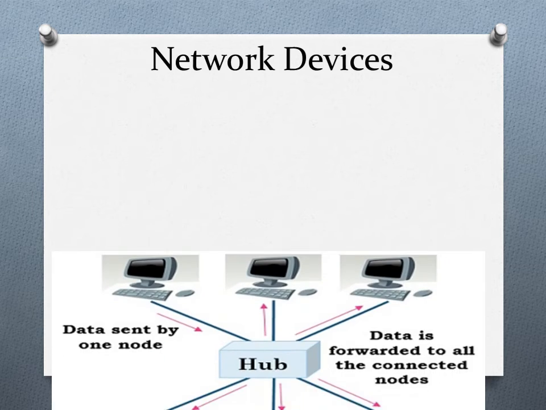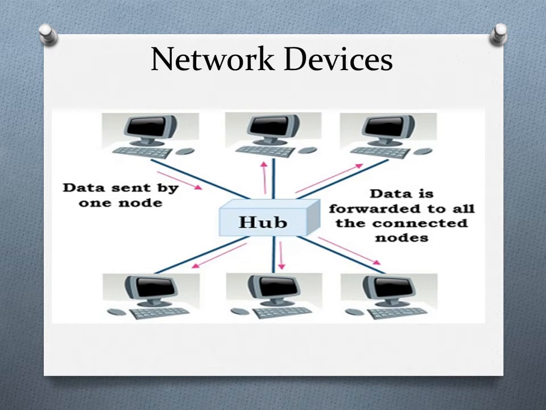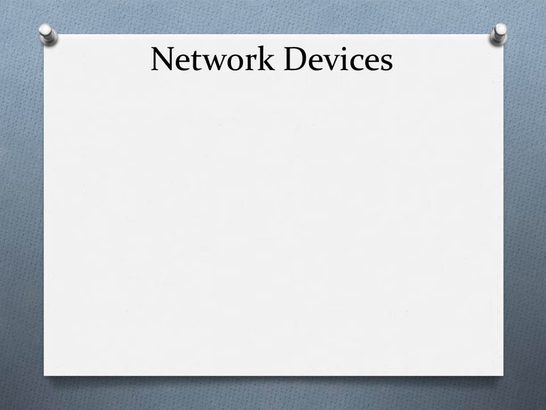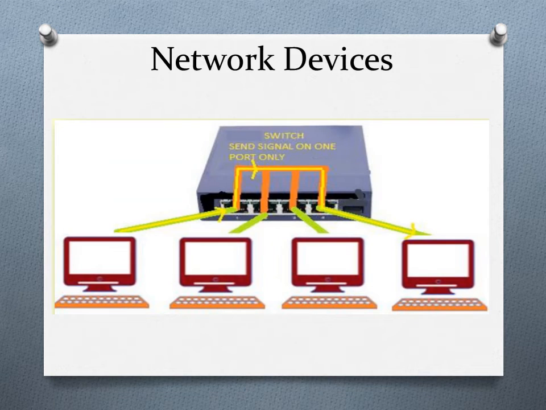It is a device that connects multiple nodes to form a network and redirects the received information to all the connected nodes. Switch. It is same as hub, but the only difference is that hub transmits data to all the connected nodes, but switch transmits data to the desired node only.